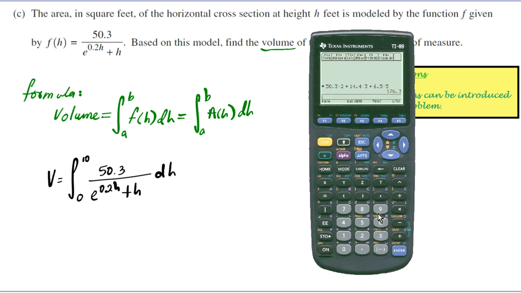Okay, so we're storing 50.3 divided by, we have multiple terms in the denominator, so we're going to be using a parenthesis to group them together. So e to the 0.2h plus h.